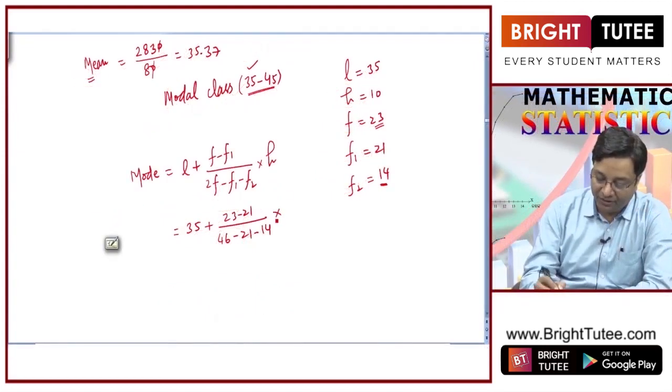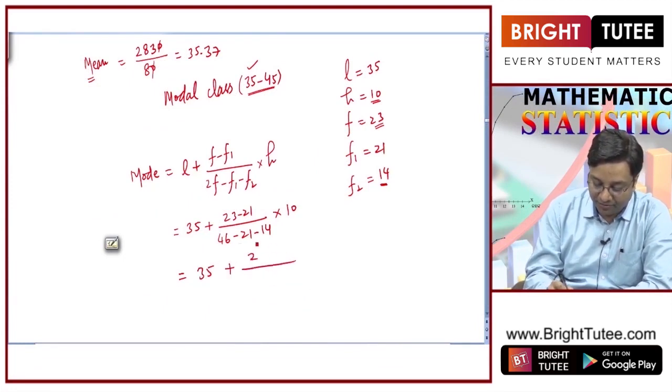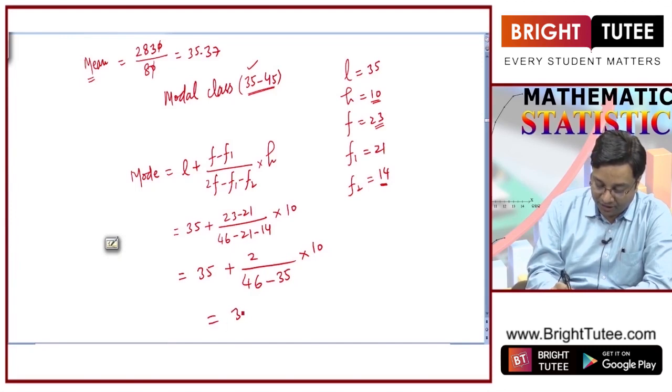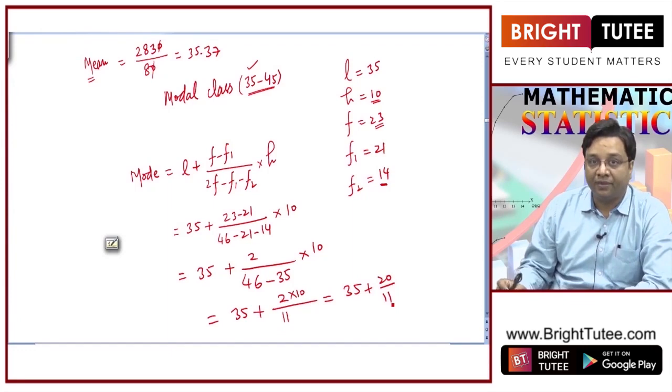So, we will multiply it with h, which is 10. 35 plus 2 divided by 46 minus, this is 21 plus 14 is 35, into 10. So, it will become 35 plus 2 divided by 11, and this is 10, right. So, it is 35 plus 20 by 11.